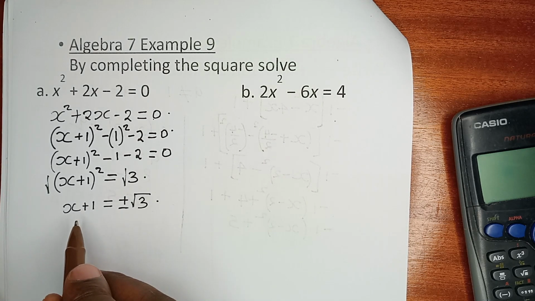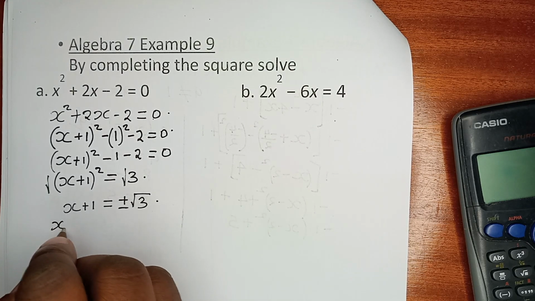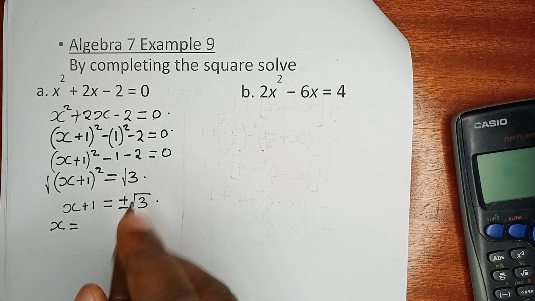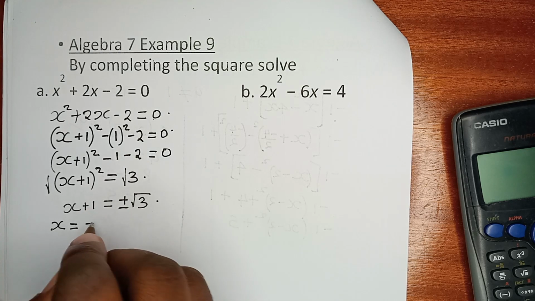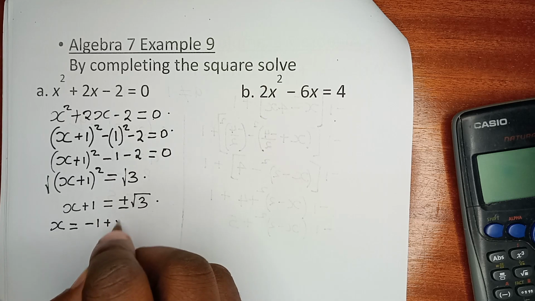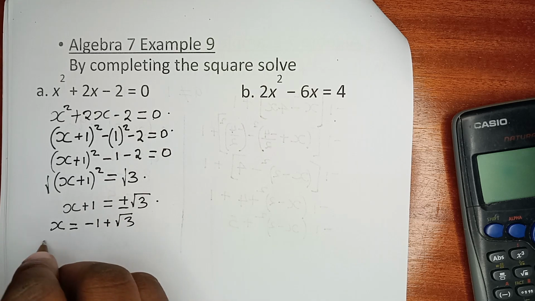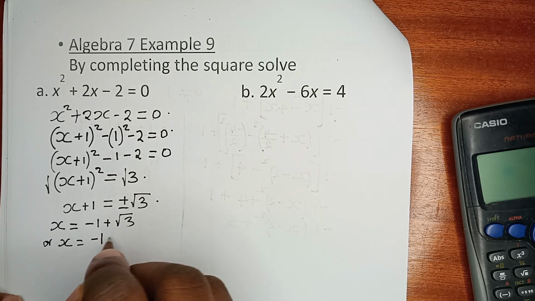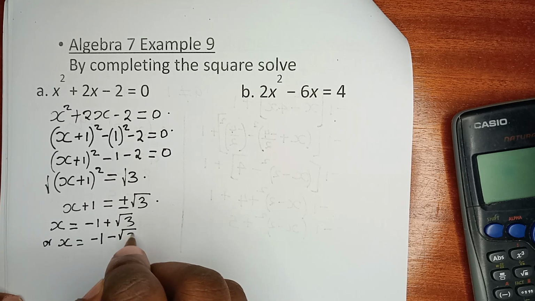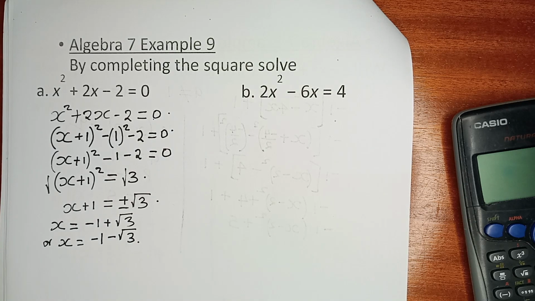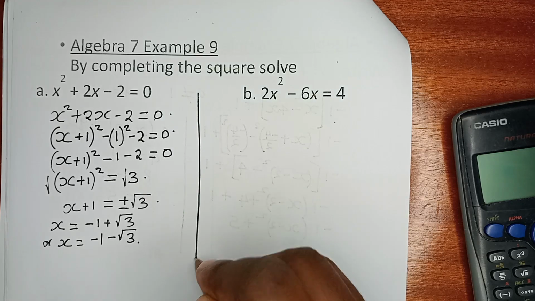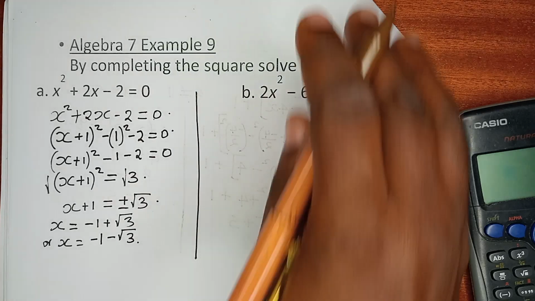Because we are looking for x, x equals, now this positive 1 has to cross the other side to be negative 1 plus the root of 3, or x equals negative 1 minus the square root of 3. Those are the two solutions to that question. Let us go to part B.